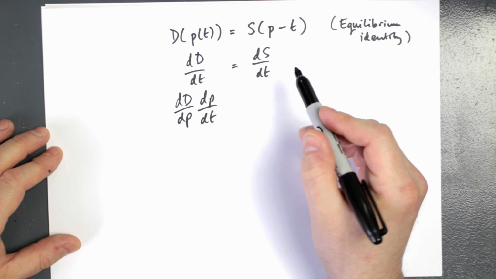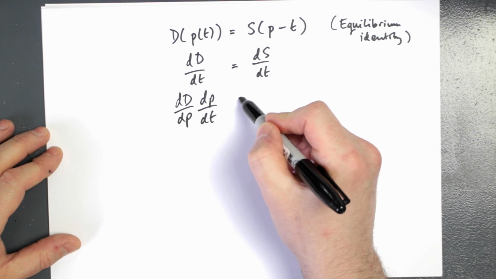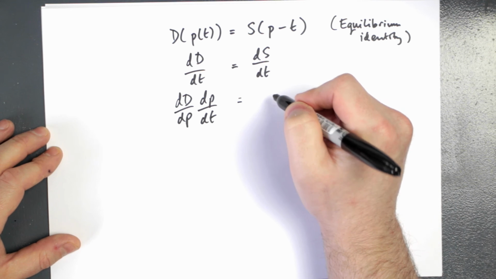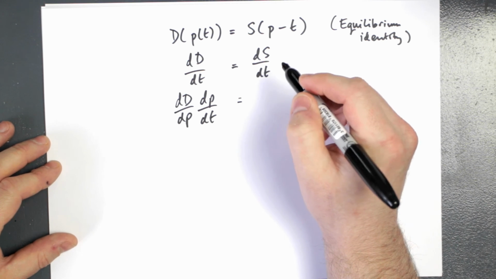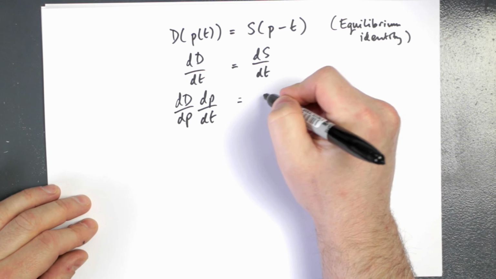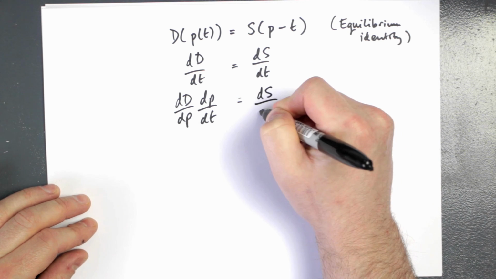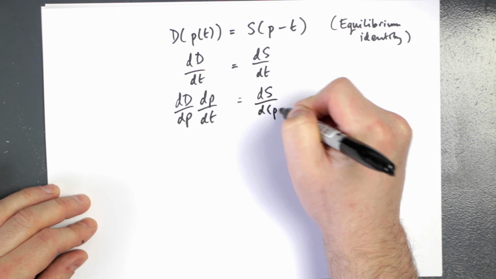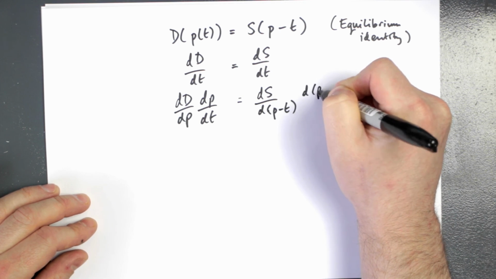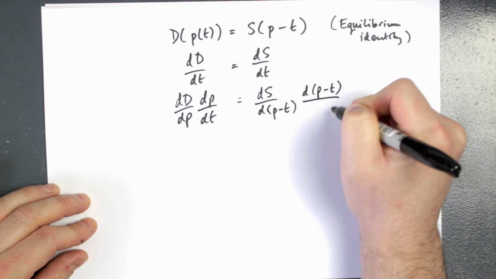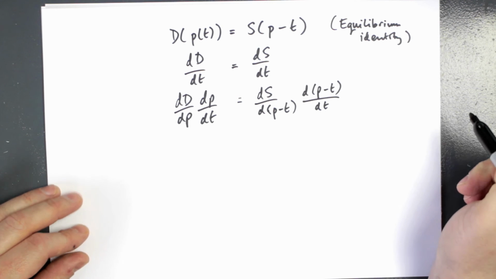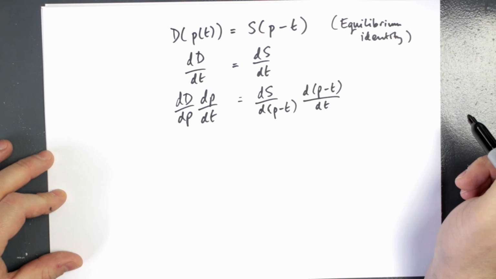What about this side here? Well, here we've got P minus T. So I could write this as, for example, the derivative of supply with respect to P minus T, and then the derivative of P minus T with respect to the tax T. Okay?